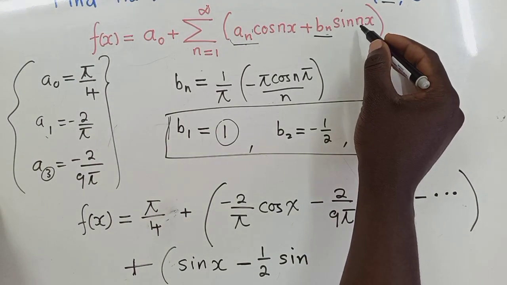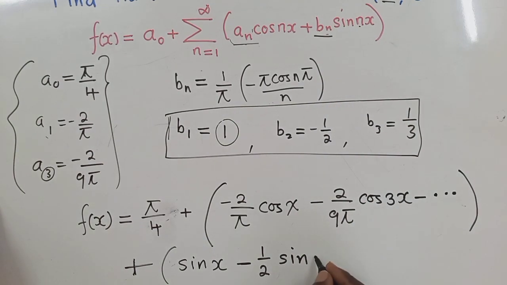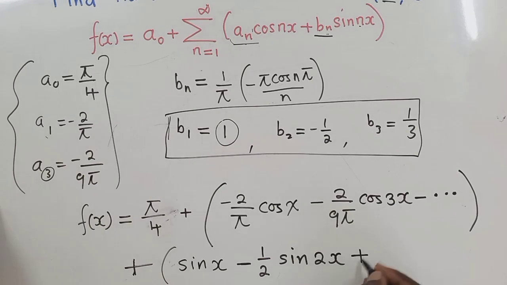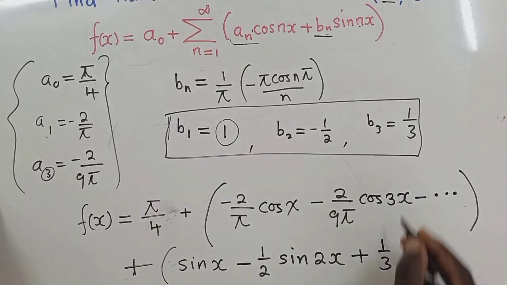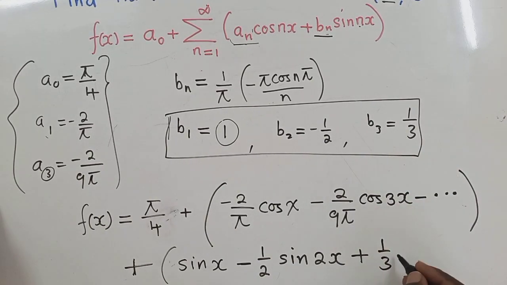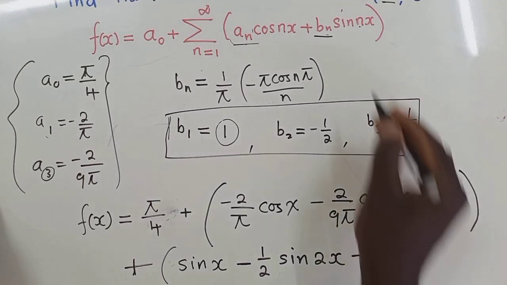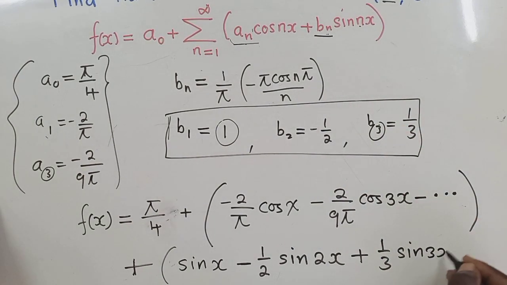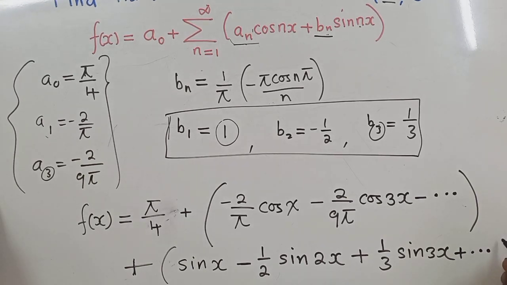Here now, I'll put a 2, so it will be 2x. The same there, it will be plus 1 over 3 sine. At n here, I'm putting a 3 because this is a 3, so 3x. So it's a plus, dots to show that the numbers are moving.